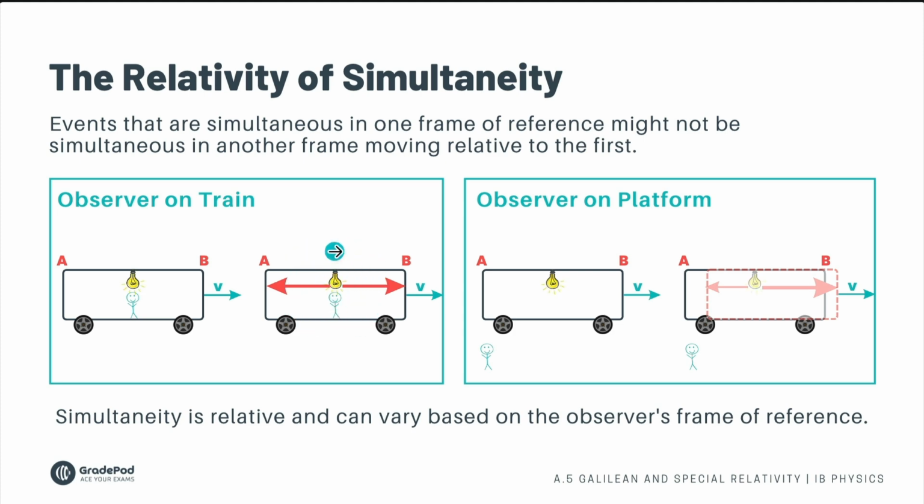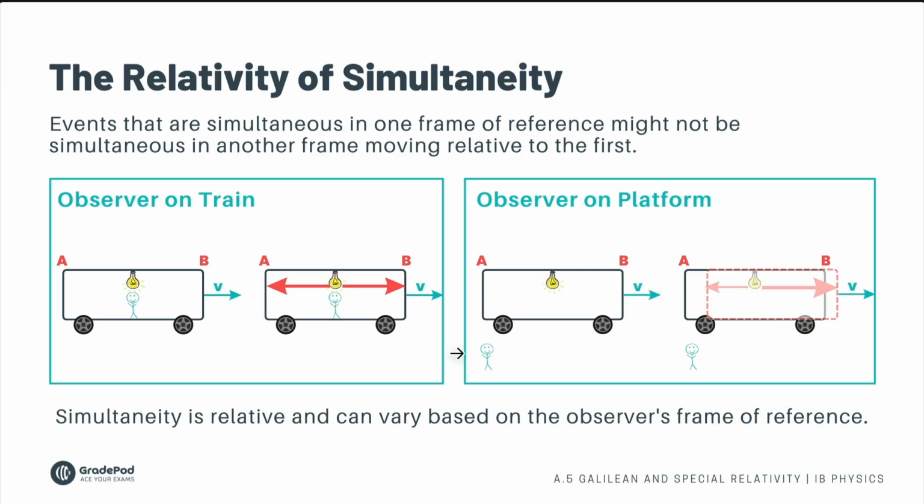When that light bulb lights up, the speed of light is a constant, and that means the light is going to reach A at the same time that light is going to reach B. These two events, event A and event B, will be simultaneous for the observer on the train. Let's now look at the observer outside the train on the platform.